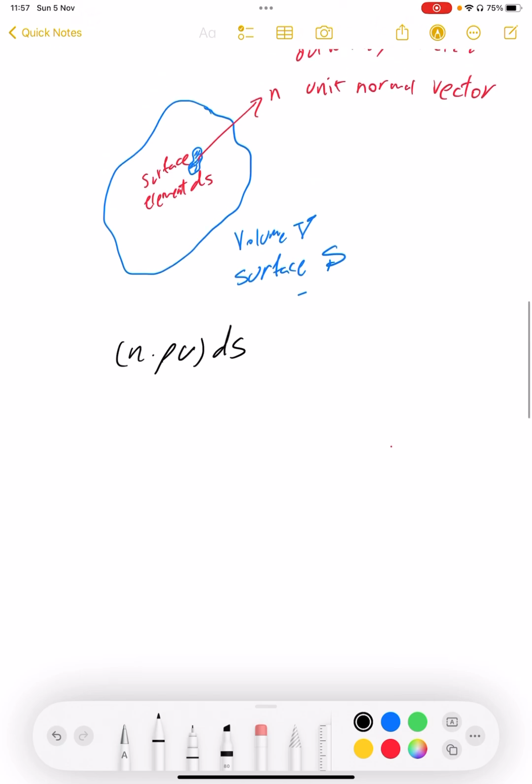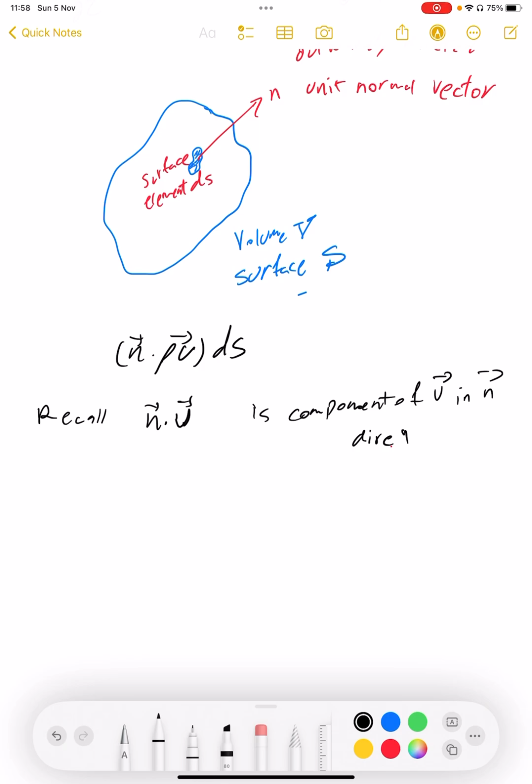That's why we defined n. So let's just recall that n dot u is giving you the component of u in n direction.